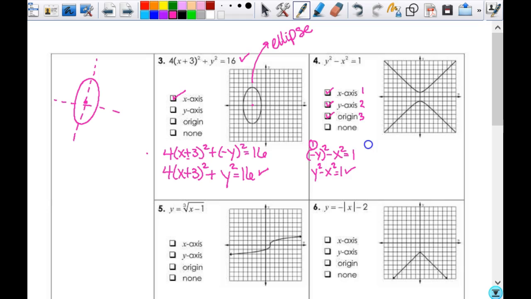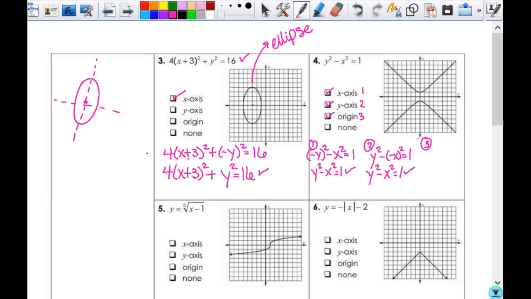So then the second one, y-axis, which means this time I replace the x. So that's going to give me y squared minus x squared equals 1, which is what you expect, right? And if you didn't get that, then maybe you were wrong about what it had. Keep that in mind.